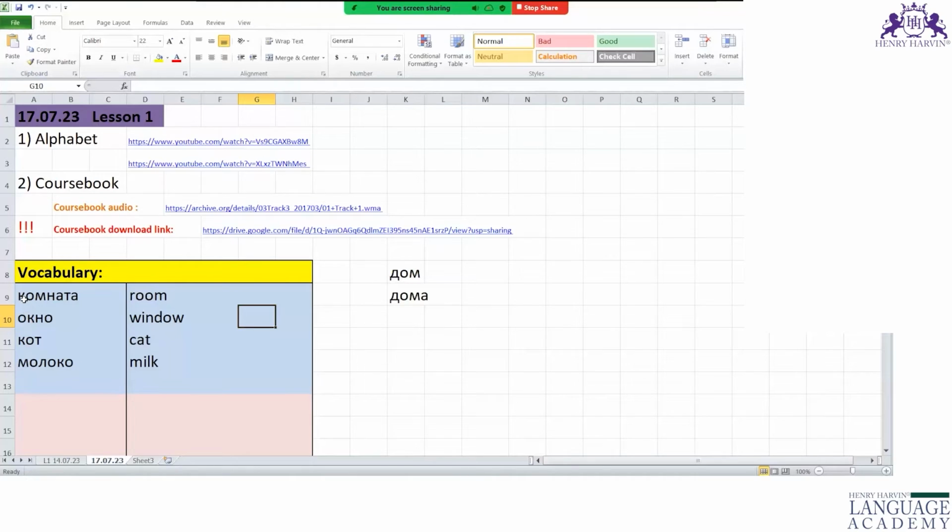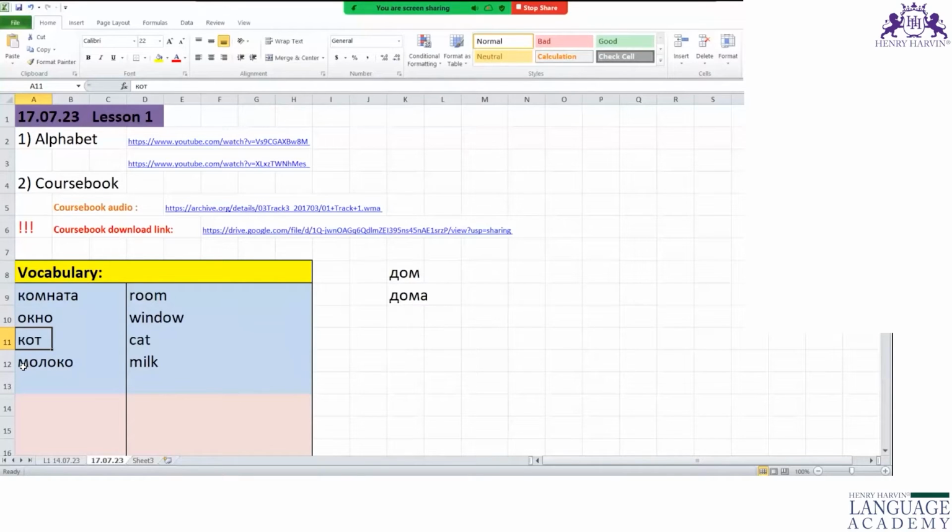And do you remember what I told you last time about stressed and not stressed letter O? In the word комната, letter O is stressed, so we pronounce it as O. In the second word, окно, there are two letters O, you can see, right? But only the last one is stressed. That's why the first one we pronounce as A, окно. Кот, only one letter O, that's why it is stressed.